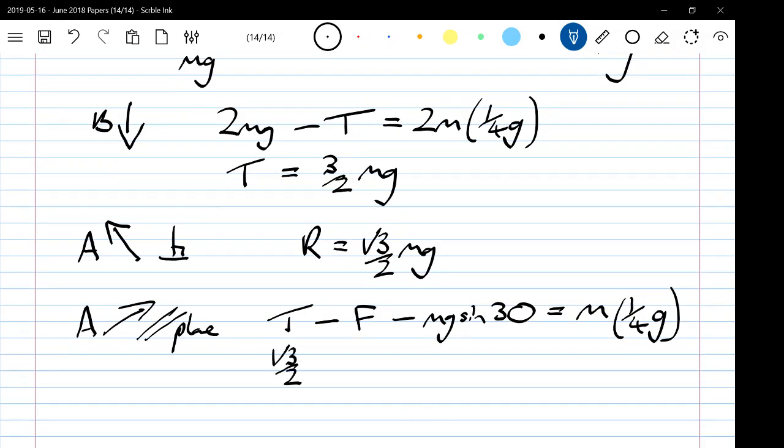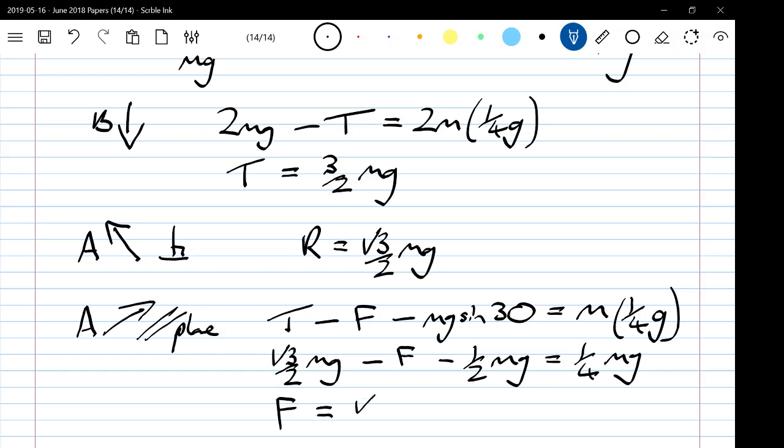This is T, 3 over 2 mg, minus F minus a half mg is 1/4 mg. Oh, T is just 3 over 2, not root, thank you, yeah. T was just 3 over 2. Good spot. Oh, that's nicer anyway, isn't it? So 3 over 2 mg, take away half mg is mg. Take away a quarter, so that's 3/4 of mg is our value of F.